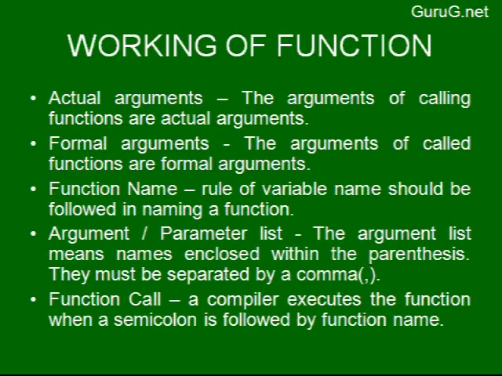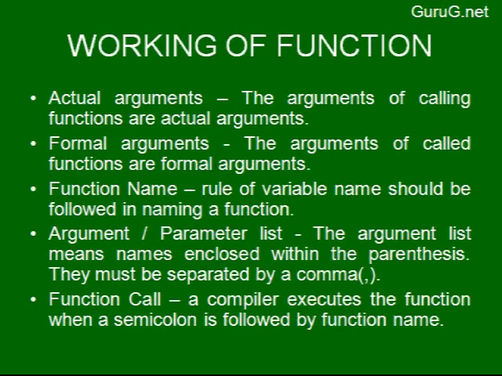First we will see what are actual arguments. The actual arguments are arguments of the calling function. Next, formal arguments: the arguments of the called function are called formal arguments.